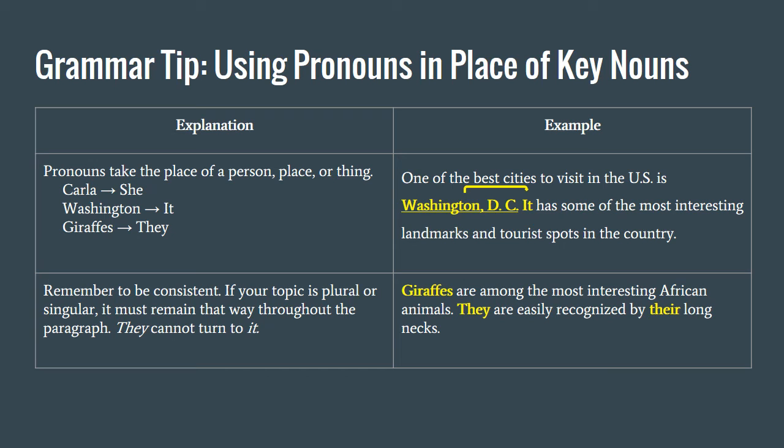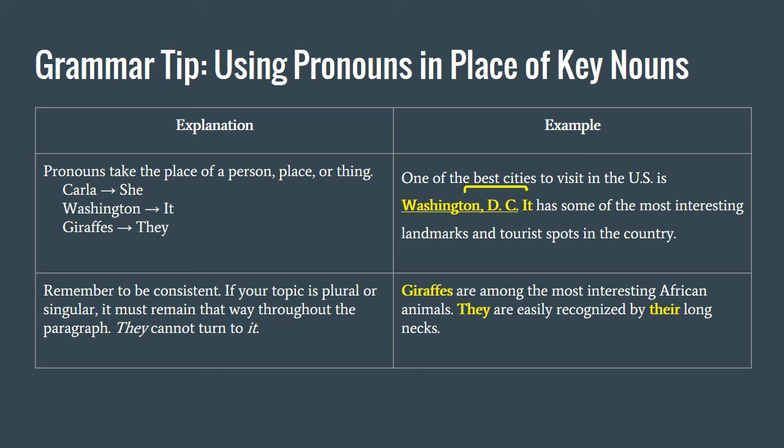One of the best cities to visit in the U.S. is Washington, D.C. It has some of the most interesting landmarks and tour spots in the country. So here, it refers back to Washington, D.C. because we're using a pronoun to take the place of a thing. A place. Okay, so let's move on.